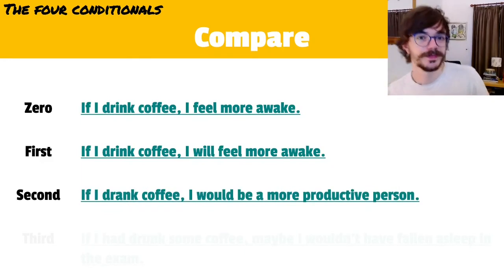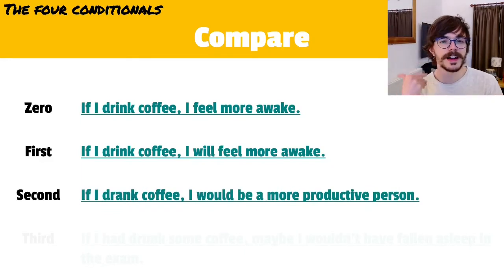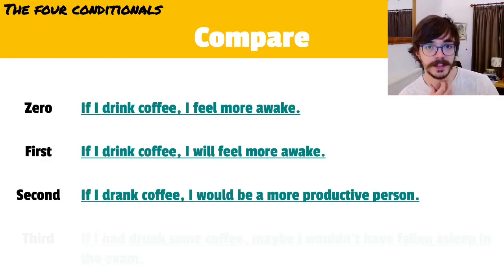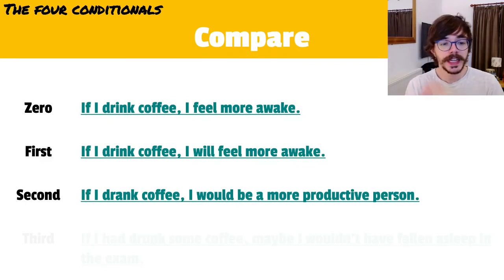Second conditional. Something that's unlikely. So past simple, then would and the base form of the verb. If I drank, I would be. If I drank coffee, I would be a more productive person. Now here, I've changed the sentence a bit to make a little more sense with the second conditional. So if I drank coffee suggests that it's unlikely.